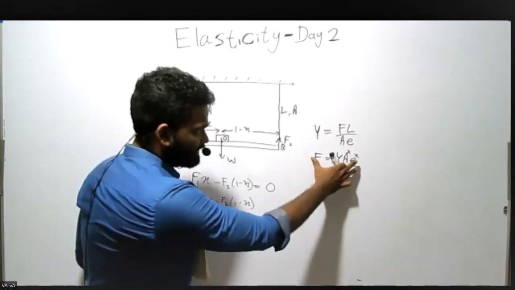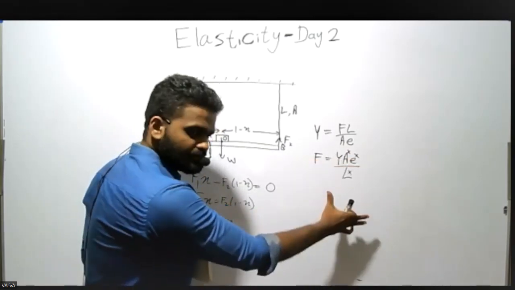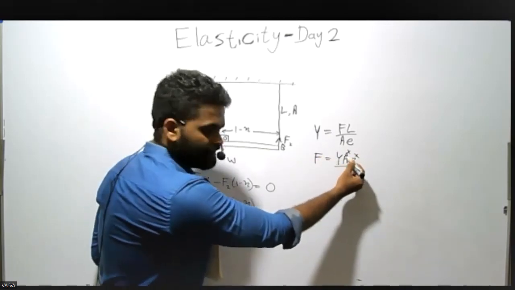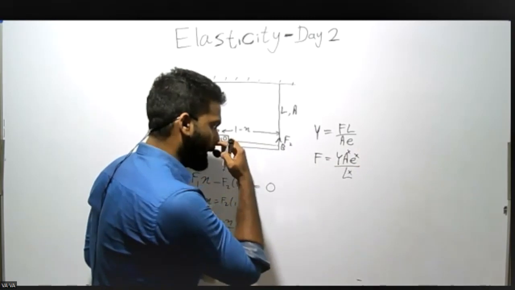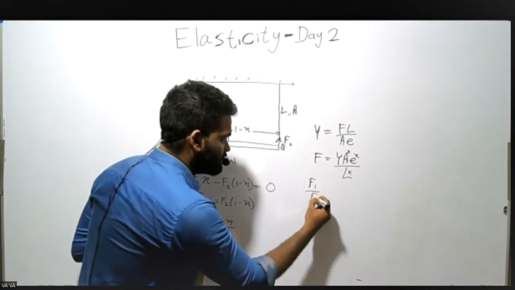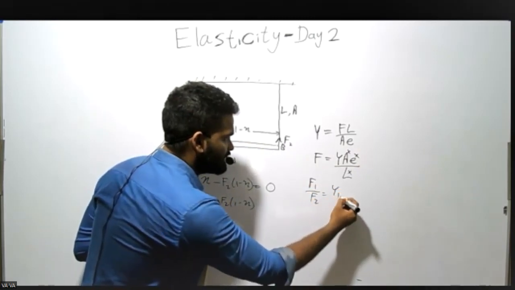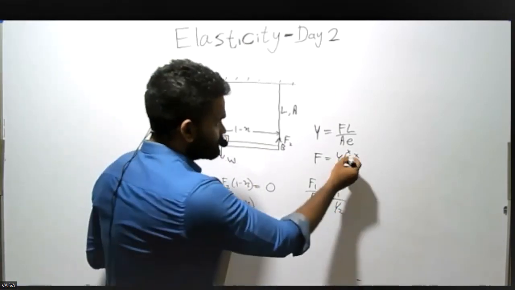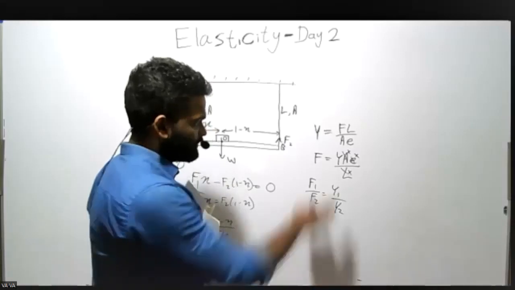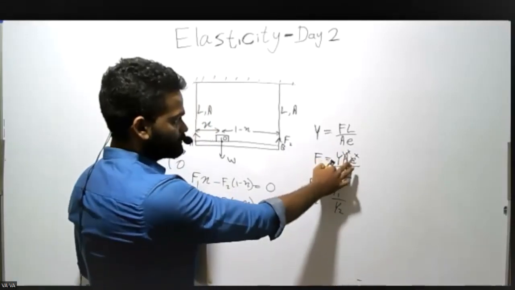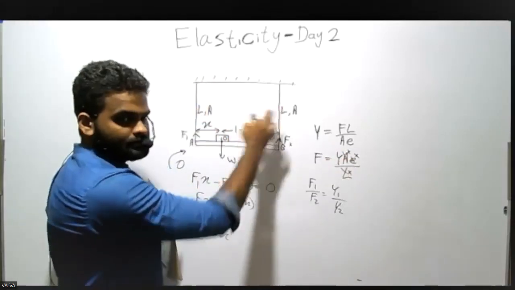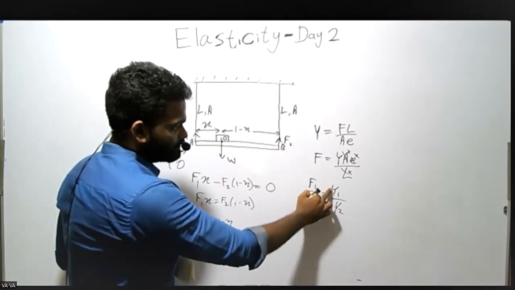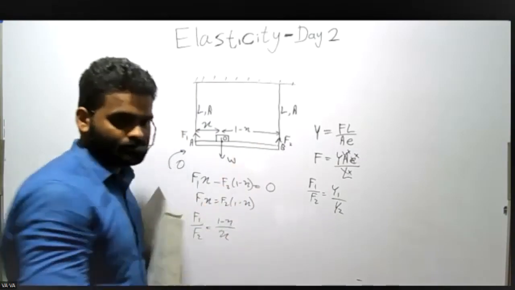So when you write this equation 2 times and divide them, you get rid of A, E and L. These terms cancel off because they are constants for both wires. So F1 divided by F2 is equal to Y1 divided by Y2.